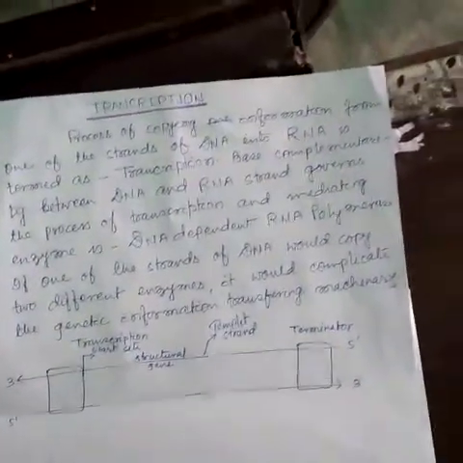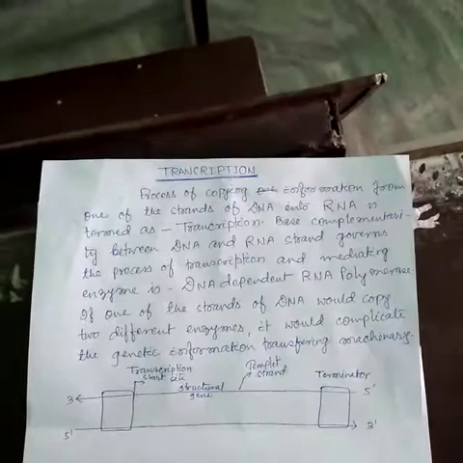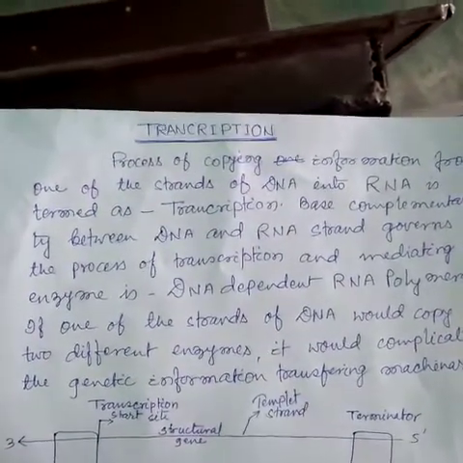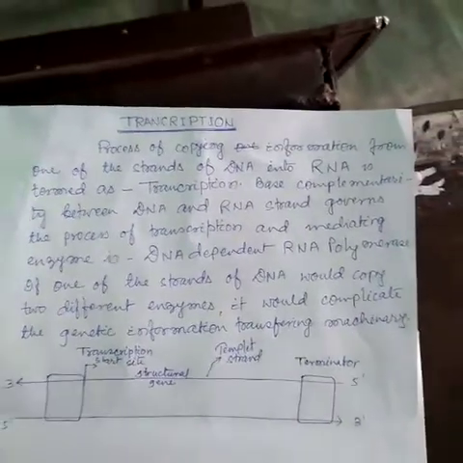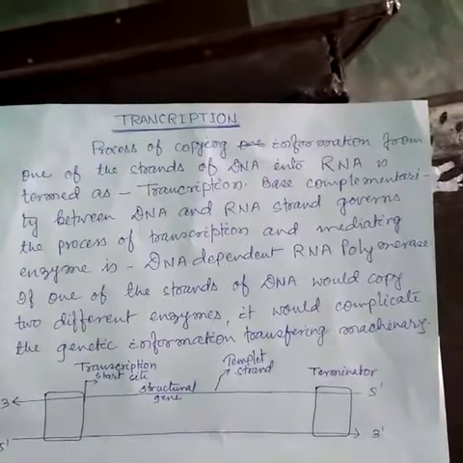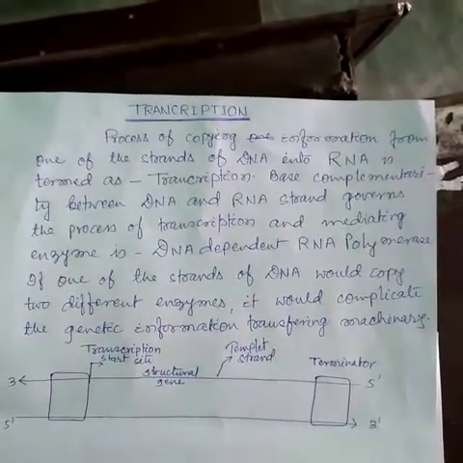Now, you must be remembering that we have come across the term transcription during the course of our discussion. The process of copying information from one of the strands of DNA into RNA is termed transcription.